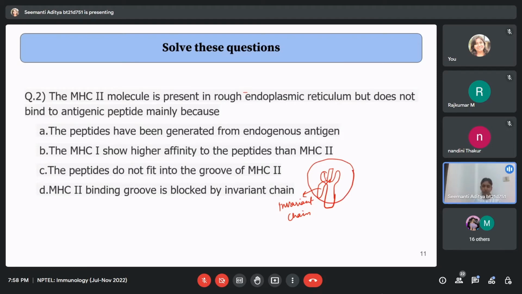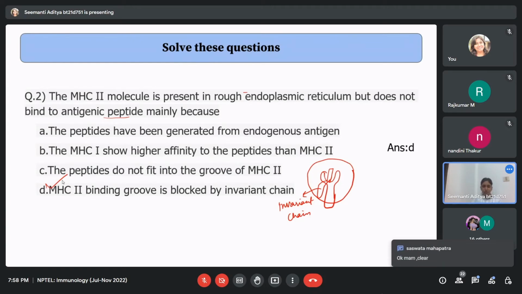Because this invariant chain is present, the antigenic peptide coming from your pathogen will not be able to bind initially. Later on, when this protein is removed or dissociated, then only it will be able to bind. So the correct answer will be option number D.